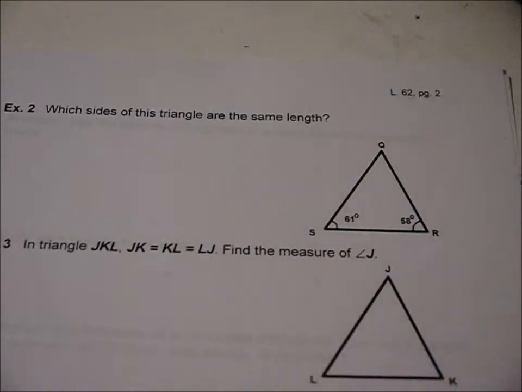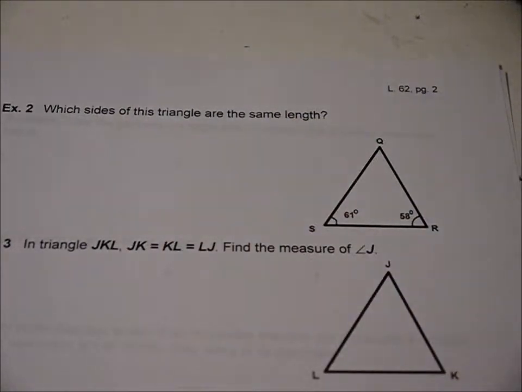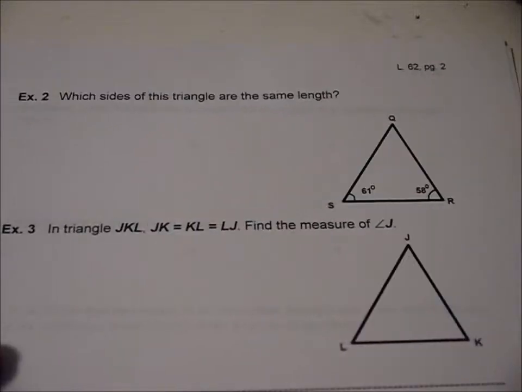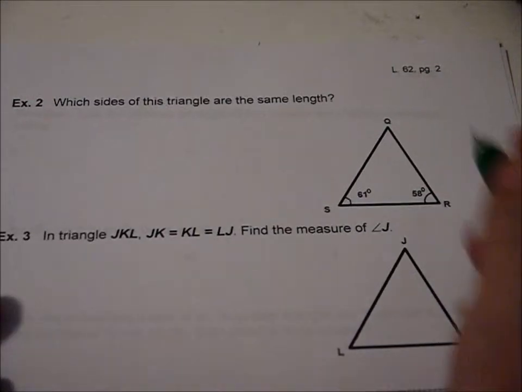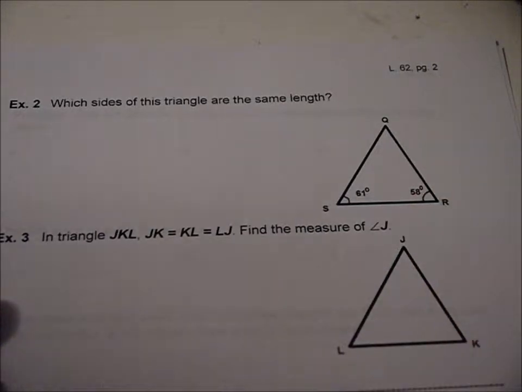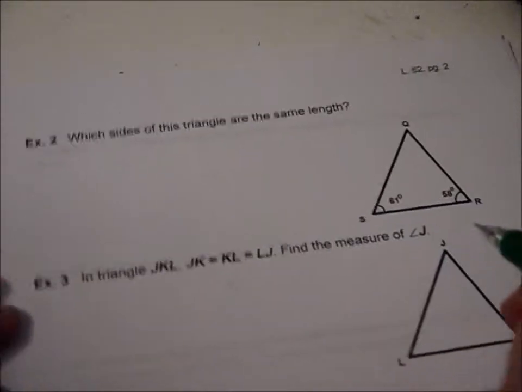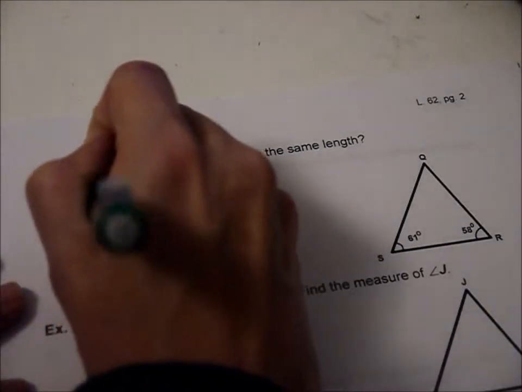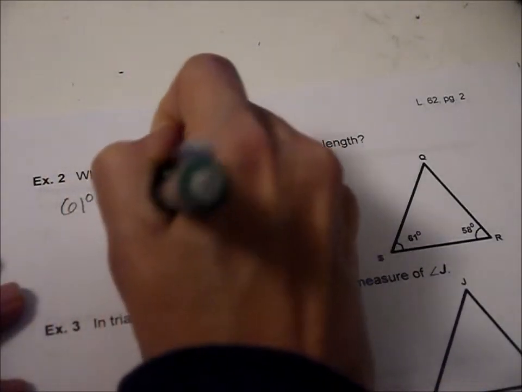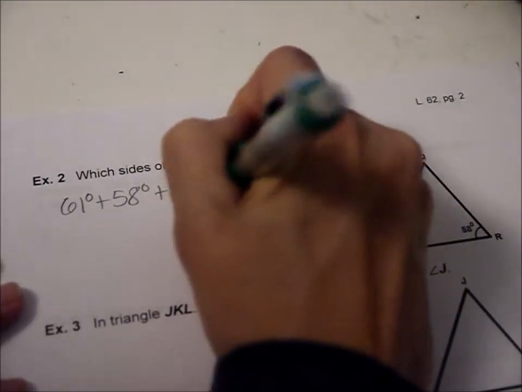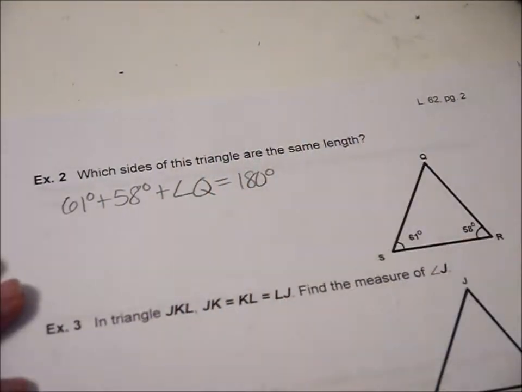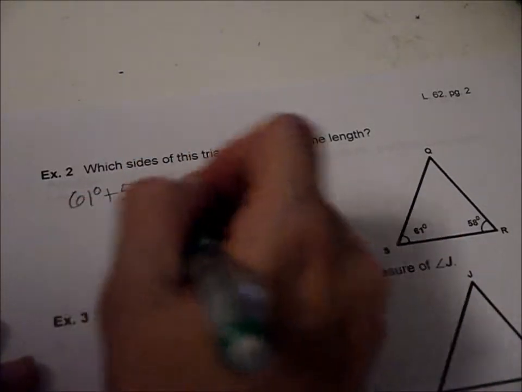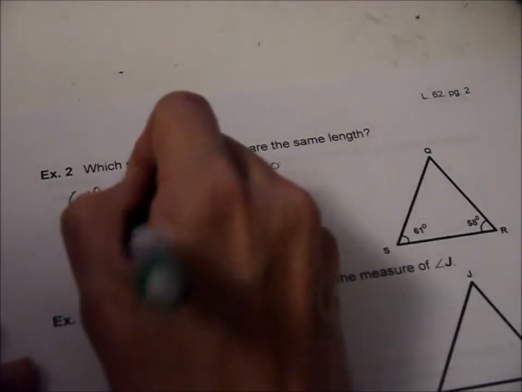And now they ask, which sides of this triangle are the same length? Well, again, we need to figure out what that missing angle is to see the relationship between the sides of all these things. Okay, so I can make it look very nice. Angle, or 61 degrees plus 58 degrees plus angle Q equals 180 degrees. So that's nice and neat, showing the reader exactly what you're doing.